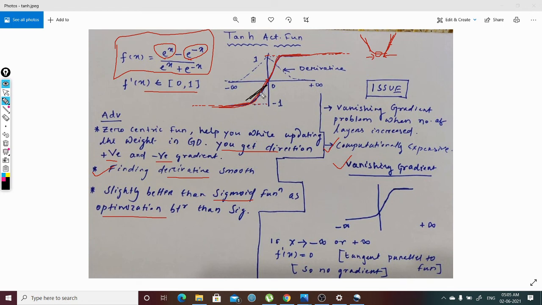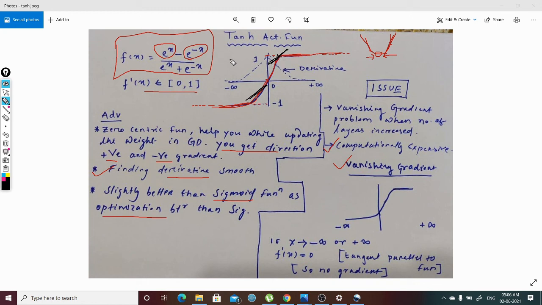It will pass through a line, so you can find the tangent here. If it is a little bit positive also, we can draw the tangent line, and in this tangent we can find the derivative, or you can say the gradient.